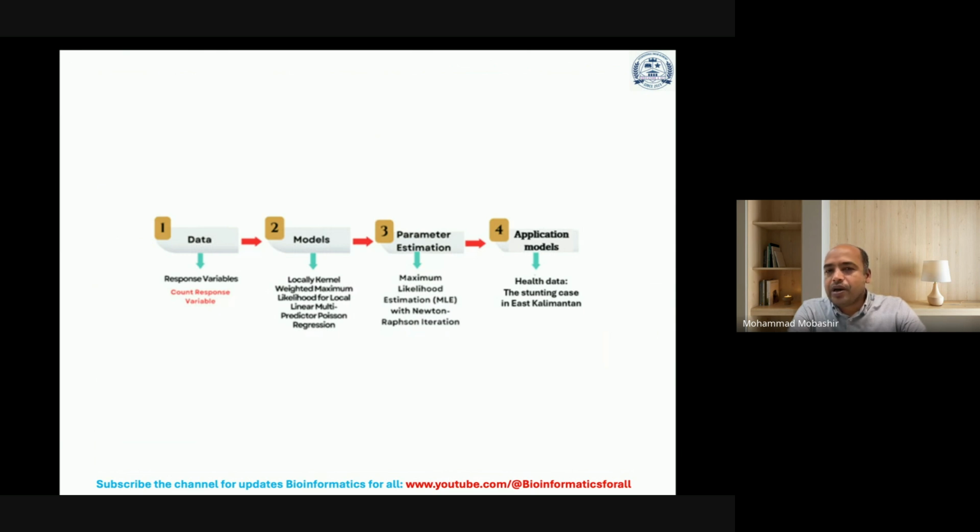Where can you implement MLE? If you want to develop a mathematical model, you need to have the data in the first step, then models, and then parameter estimation, where you apply MLE, and then application models, for example, in the health sector.